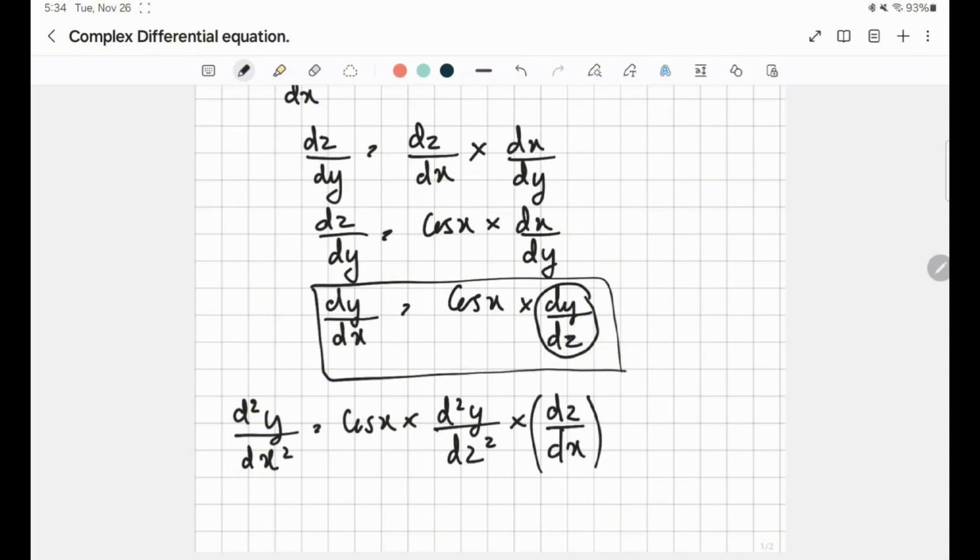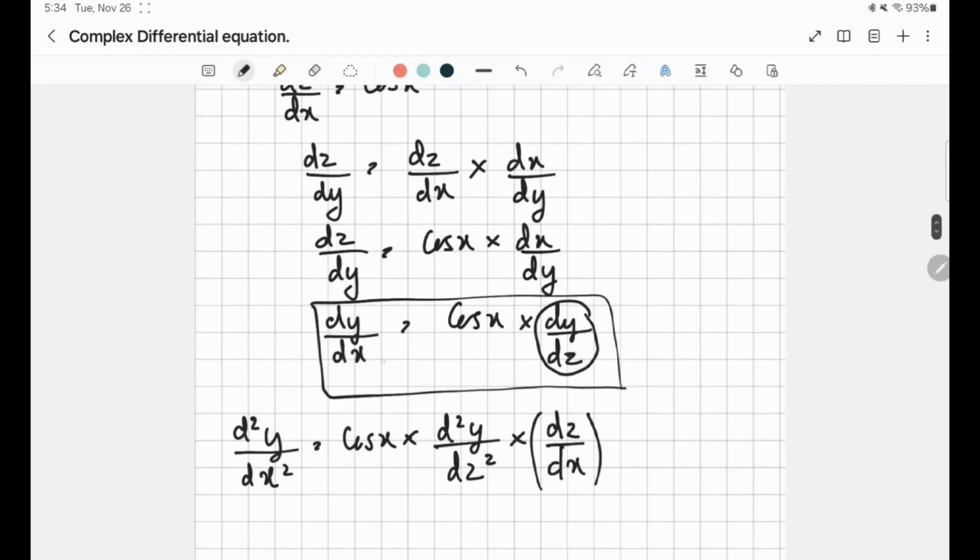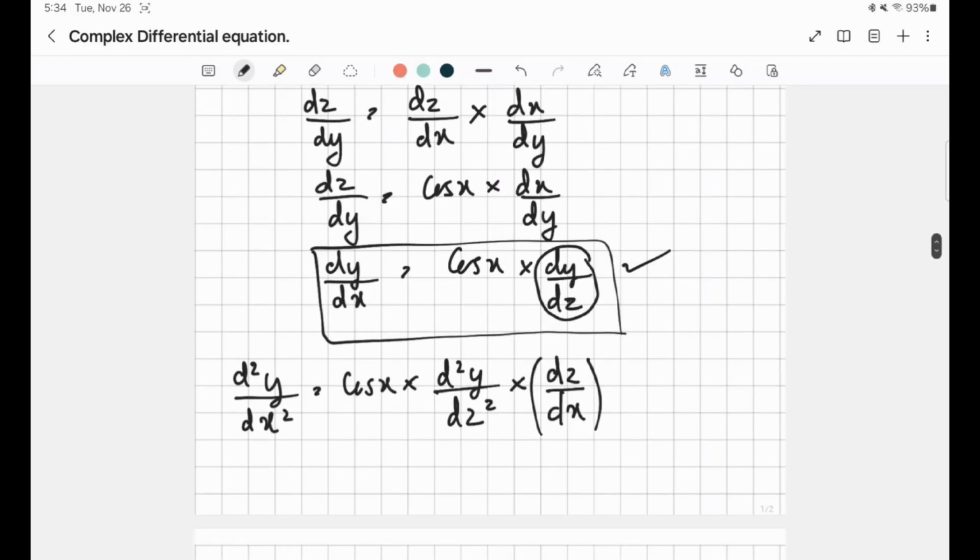If you look at this, you have y, x, and z, three different terms, so there's a rule. When I differentiate cos x times dy over dz, it's cos x times the differentiation of dy over dz.